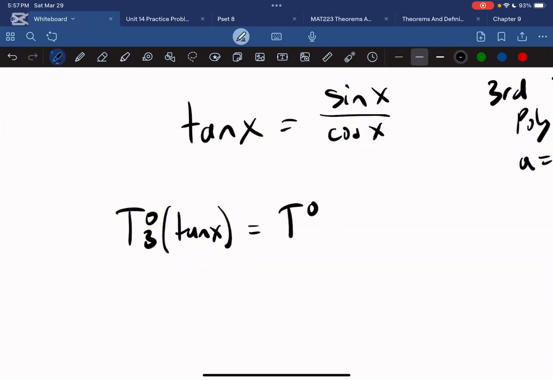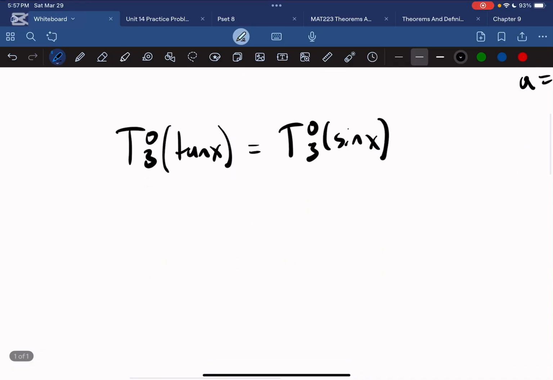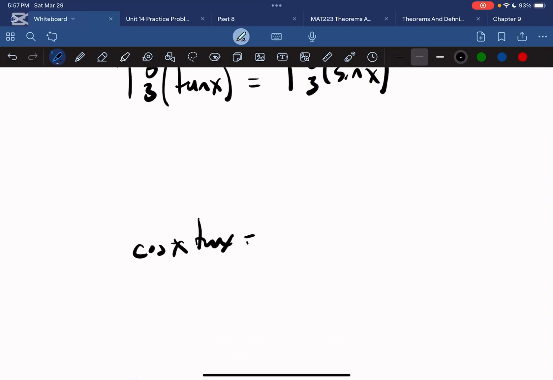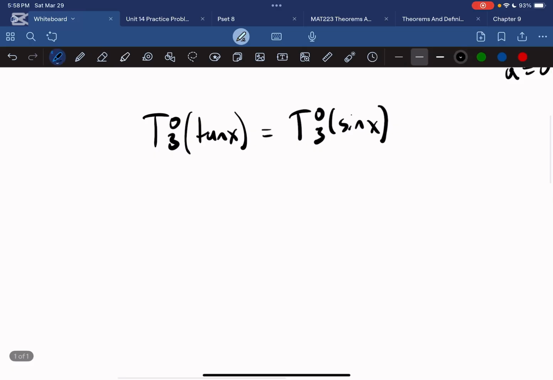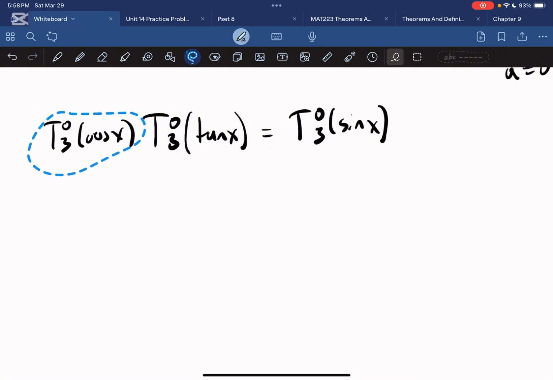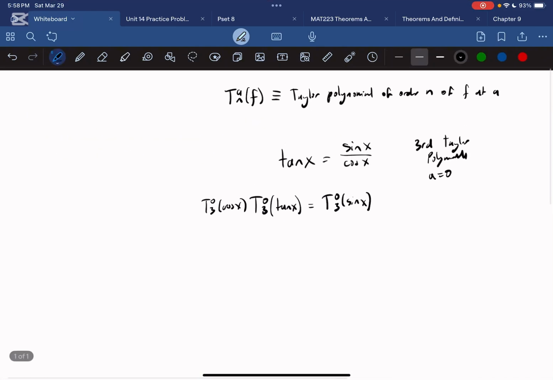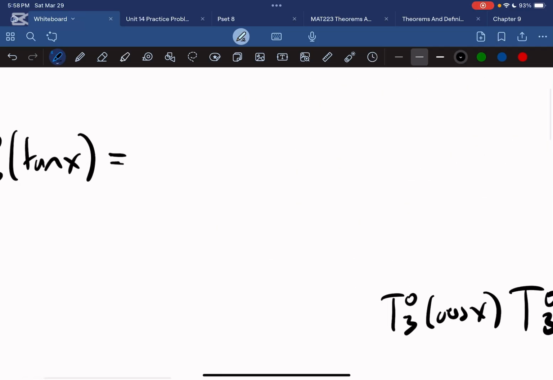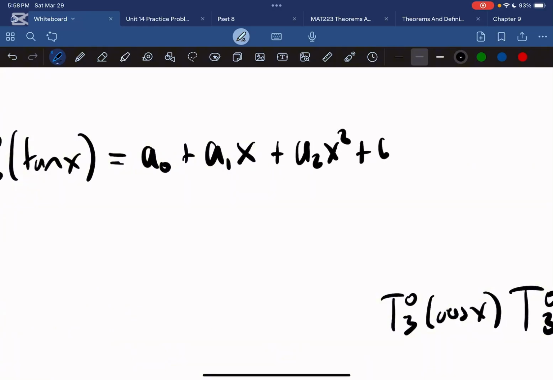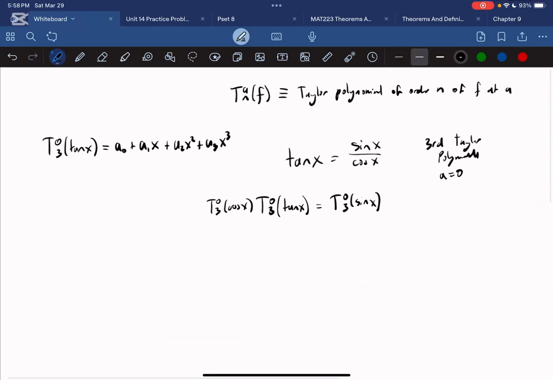Well, let's get cos to both sides, because we know cos x times tan x is equal to sin x, since we just end up canceling out this term. So let's write that. And remember, the Taylor polynomial we want for tan x is in the form of a0 plus a1 times x plus a2 times x squared plus a3 times x cubed. That's what we want eventually.